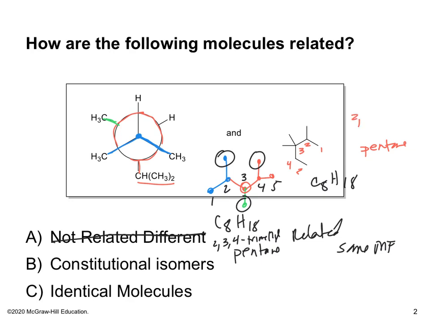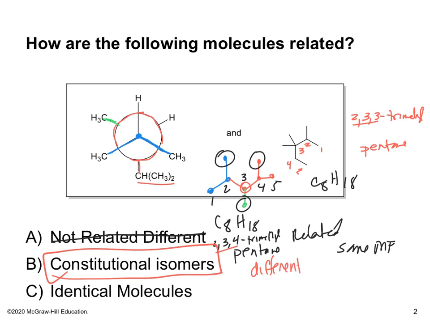And then we have 2, 3, 3 trimethylpentane. So you see this is 2, 3, 4, this is 2, 3, 3. So these are constitutional isomers. That means they have different connectivity, but they have the same molecular formula.